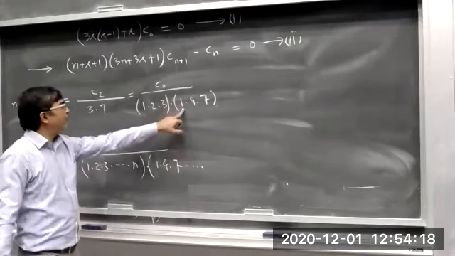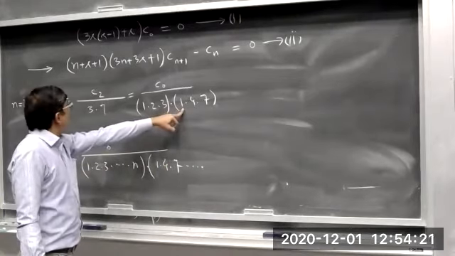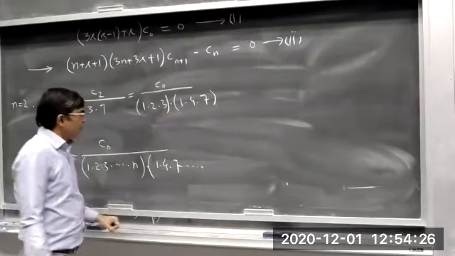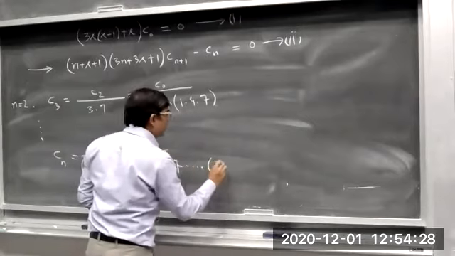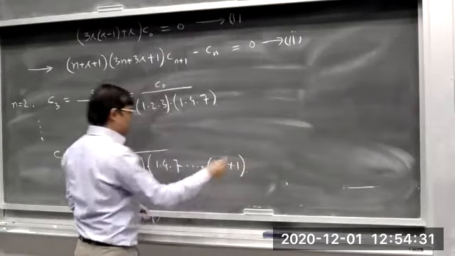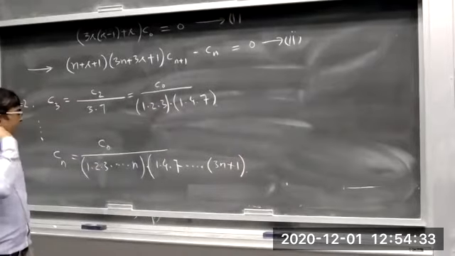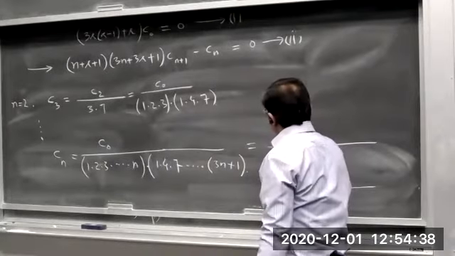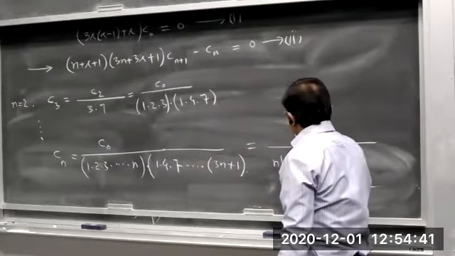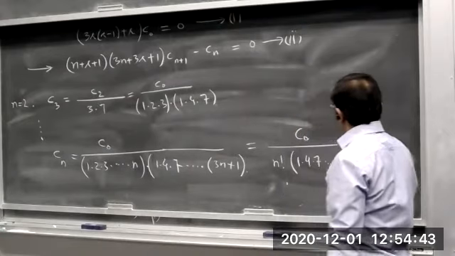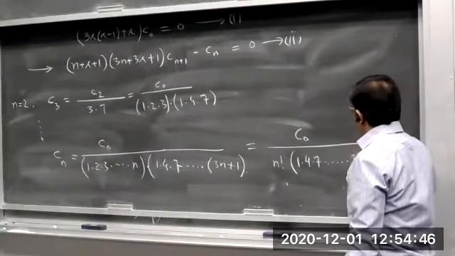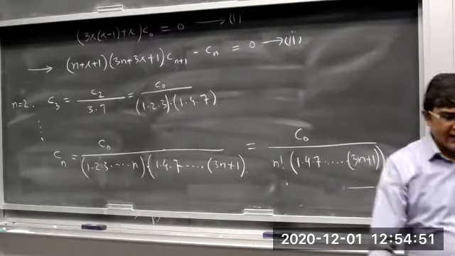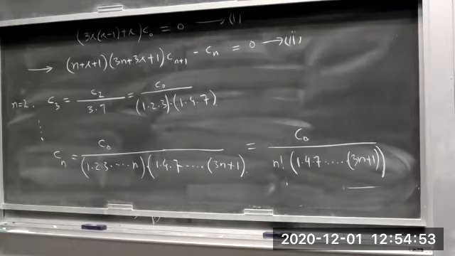When n is 0, we have 1. When n is 1, we have 4. So it should be 3n plus 1. Further, this can be written as C naught divided by n factorial times 1.4.7 and so on up to 3n plus 1. So this will be your Cn. You have to generalize it yourself.